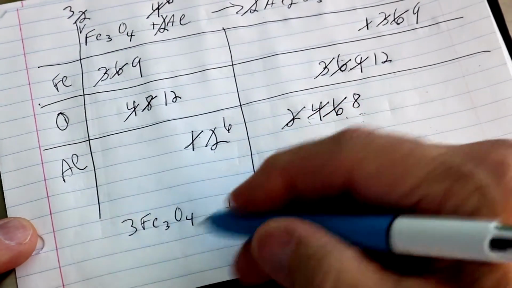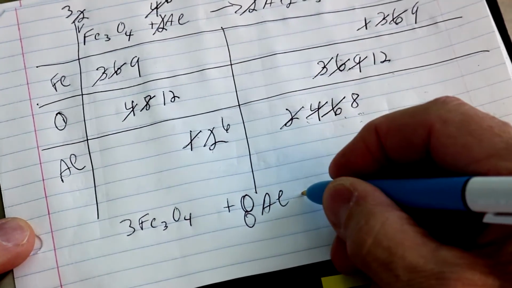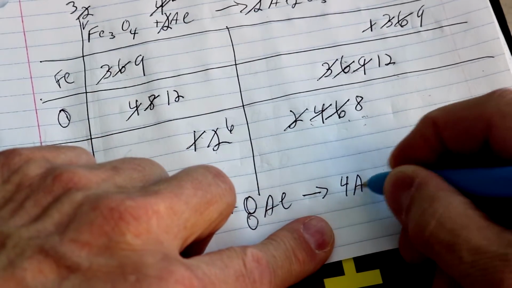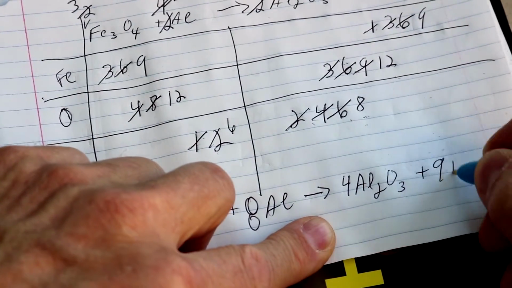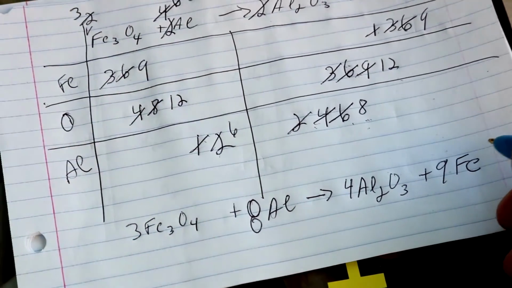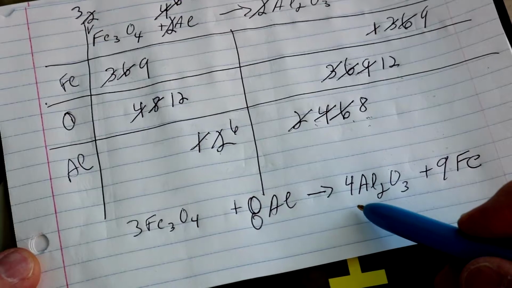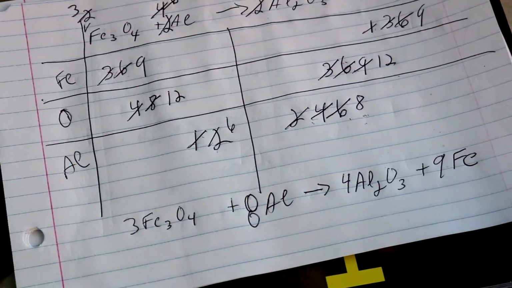Alright, so the answer is 3 Fe3O4, 8 aluminums. Always double check. Alright, I forgot to double check, but that's why we double check. Alright, there we go. 3 Fe3O4 plus 8 aluminums gives you 4 Al2O3 aluminum oxides and iron.